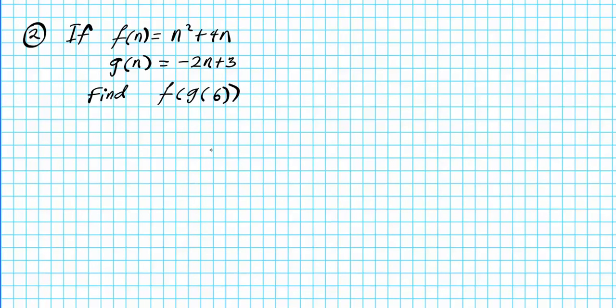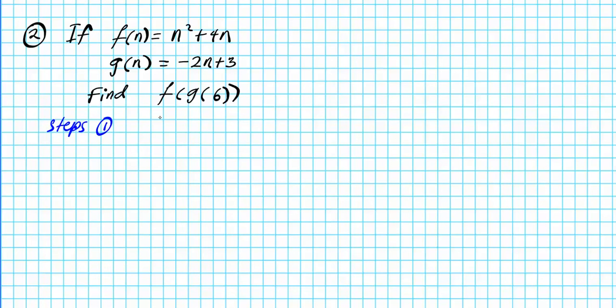Okay? All right, so whenever you're trying to find a composed function evaluated at the value, there are two ways we can go about it, but we're going to focus on the method that involves composition first before evaluation. Okay? So let's break it up into two steps.